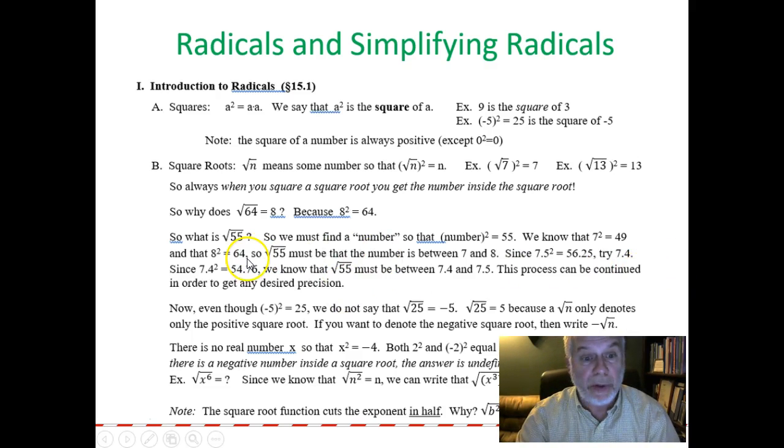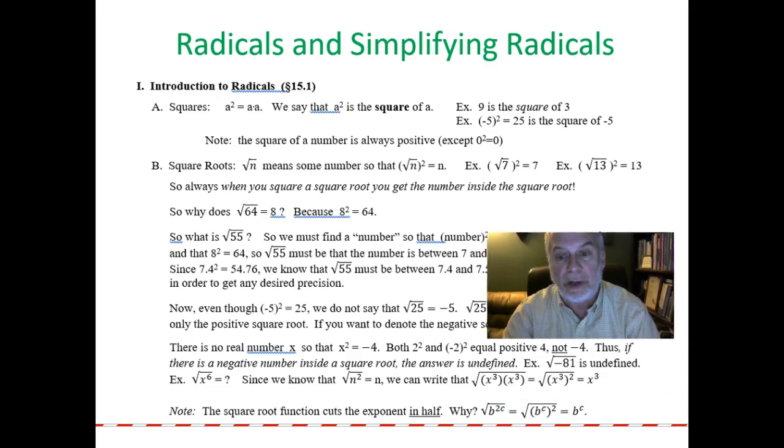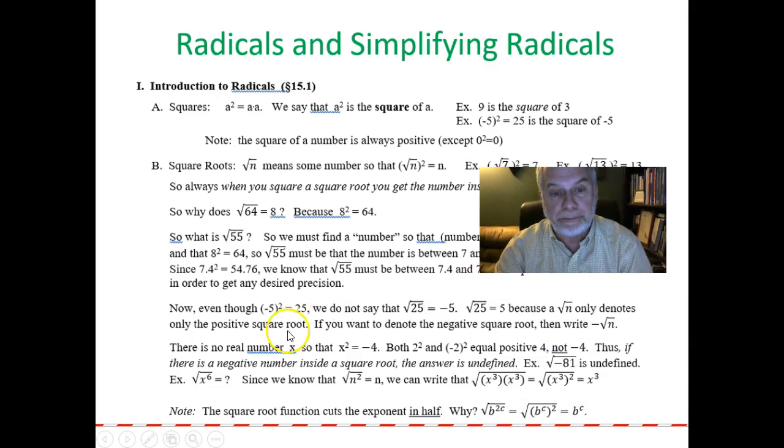So you try 7.4. 7.4 squared is 54.76. A little bit low. So we know it has to be between 7.4 and 7.5. And you could keep doing that process until you get what the square root of 55 is with any desired precision. Now, of course, we have calculators and tables that can help us calculate that.